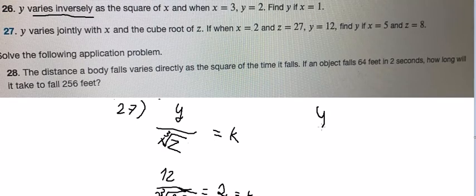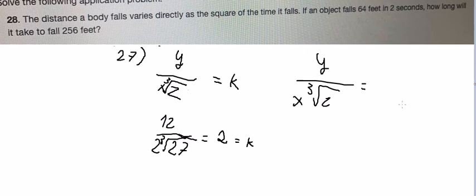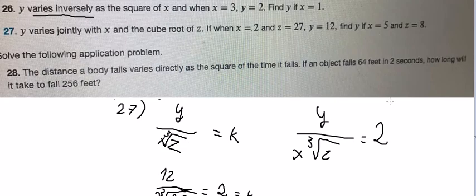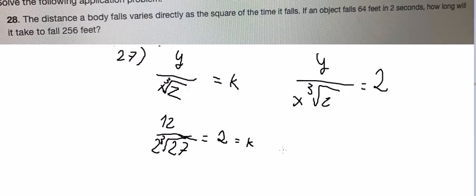Now go back to the solution. We have k equal to 2. We put it in here. And now we have x and we have z, so we put the numbers in here.